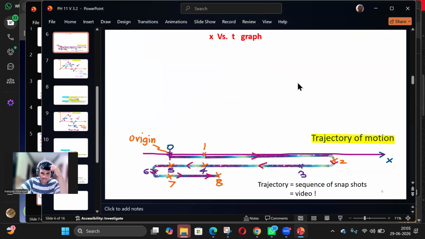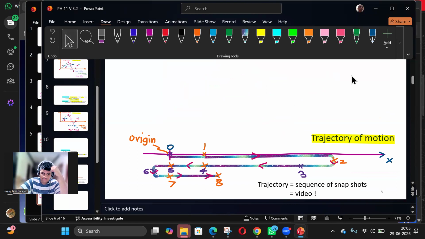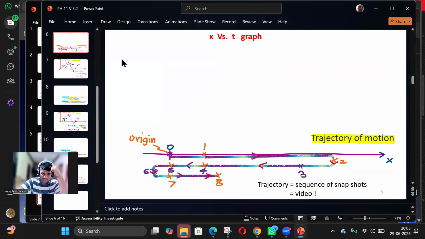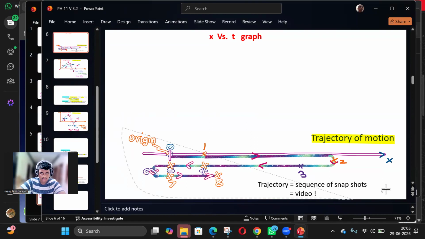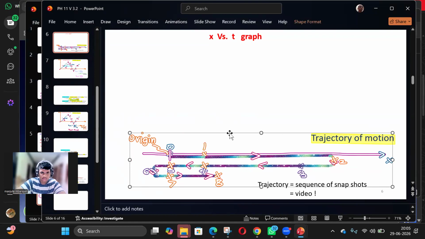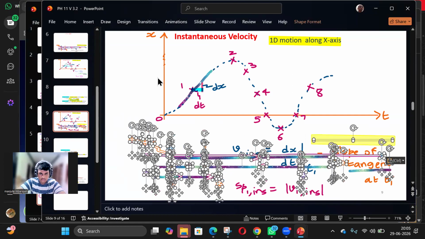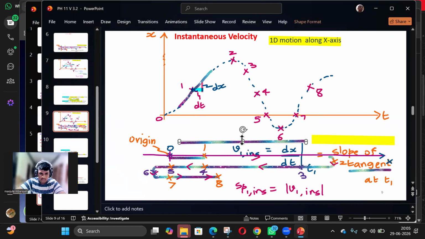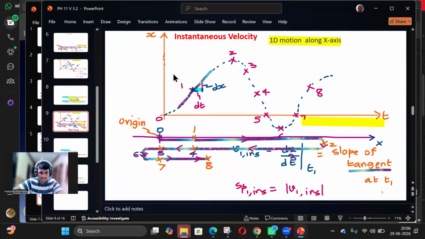Whatever this xt curve is, the corresponding trajectory for this motion is this one.